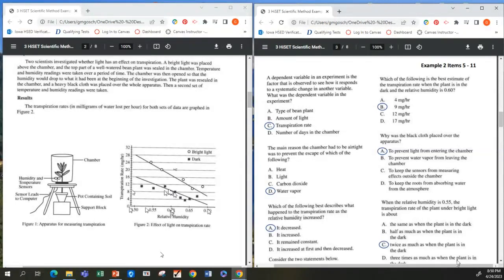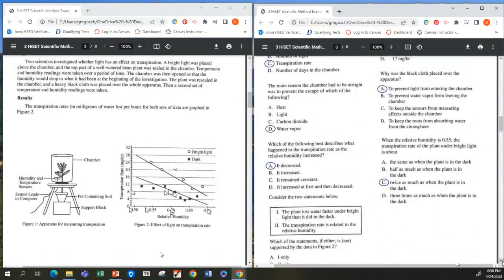Okay, when the relative humidity is 0.55, the transpiration rate of the plant under the bright light is about... So in other words, we're not trying to find a data value along the y-axis this time. We're trying to compare the plant under the bright light compared to under the dark light.